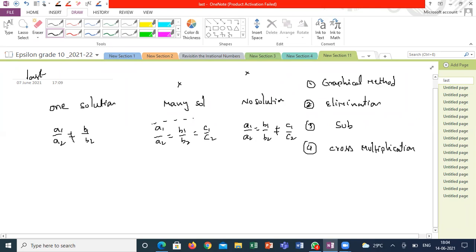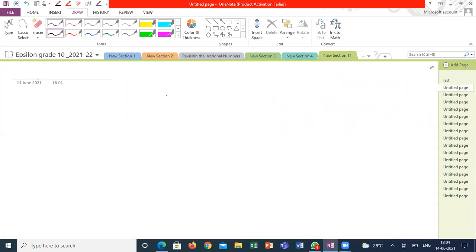So even in the cross multiplication method, when we proceed with the elimination method or cross multiplication method, suppose I am giving two equations, a1x plus b1y plus c1 is equal to 0, a2x plus b2y plus c2 is equal to 0. Make the equations into this kind of standard form.